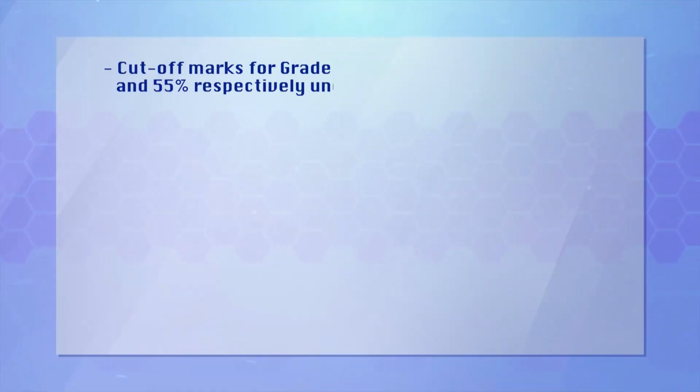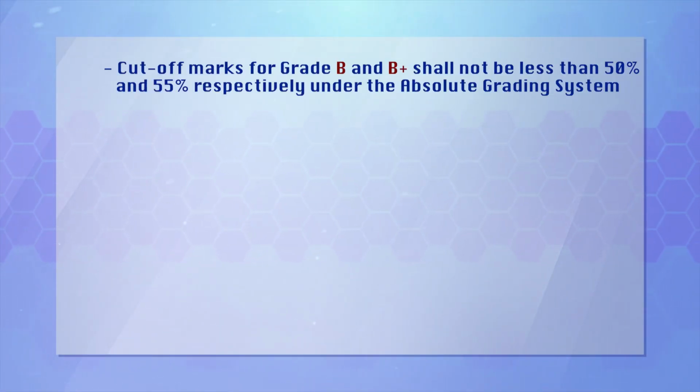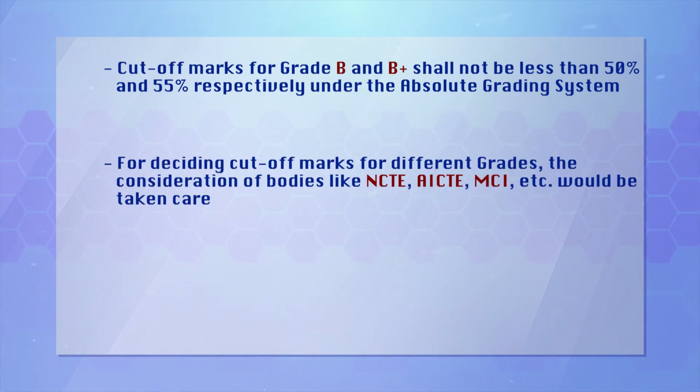In CBCS, the cut-off mark for grade B and B plus shall not be less than 50% and 55% respectively under the absolute grading system. Further, for deciding the cut-off mark for different grades, the considerations of bodies like NCTE, AICTE, MCI, etc. would be taken care of under this system.